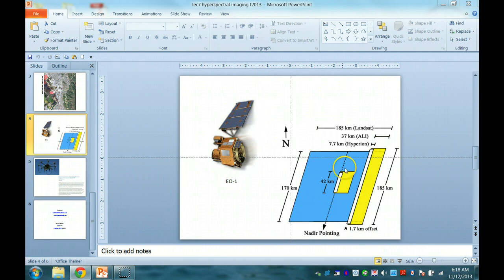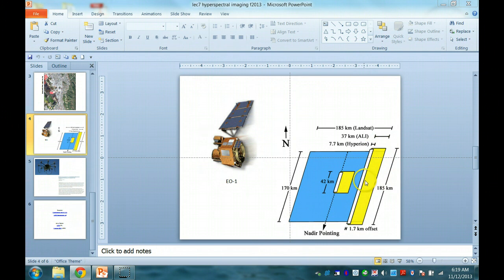But the one we're mostly interested in is the Hyperion, which is a hyperspectral scanner, with a relatively narrow swath width, almost 8 kilometers wide. You can see how that compares to a typical TM scene, and also how the ALI compares to a typical TM scene.